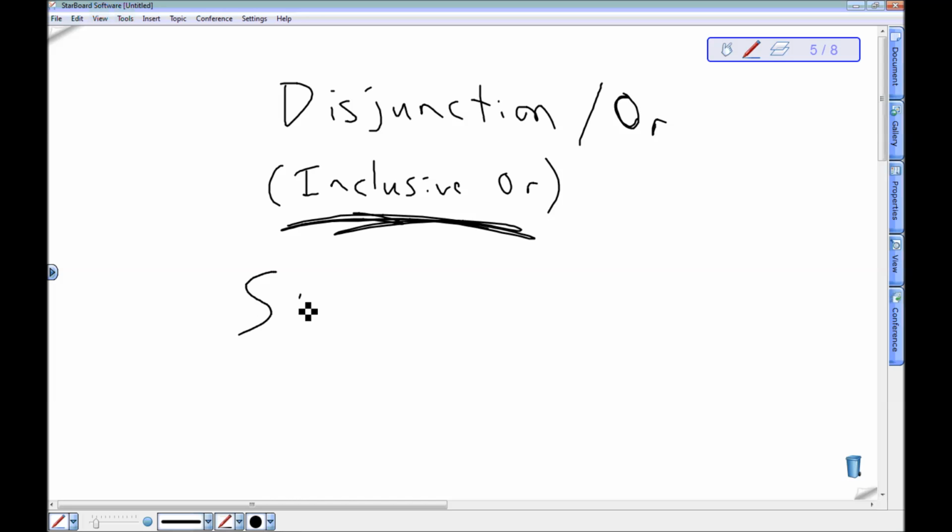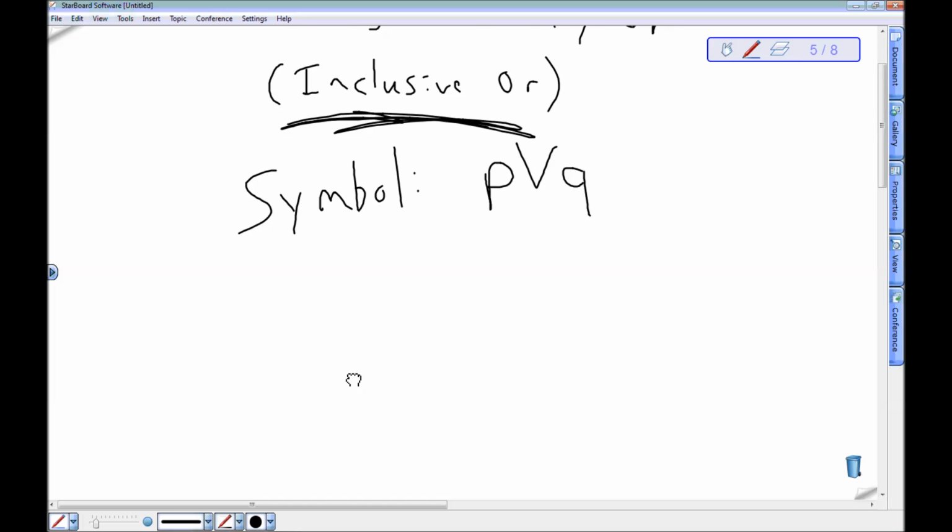The symbol for disjunction, so again I need to have two statements, and it's going to be this. Kind of looks like a V, but it's not, it's a little straighter.